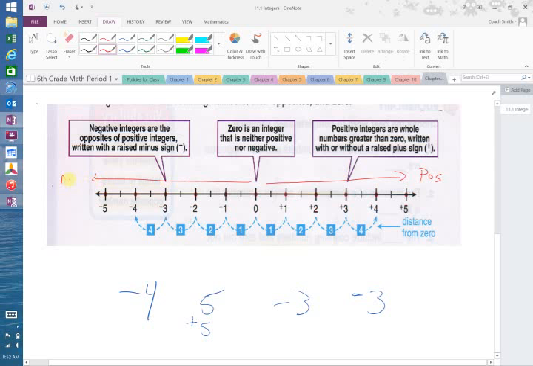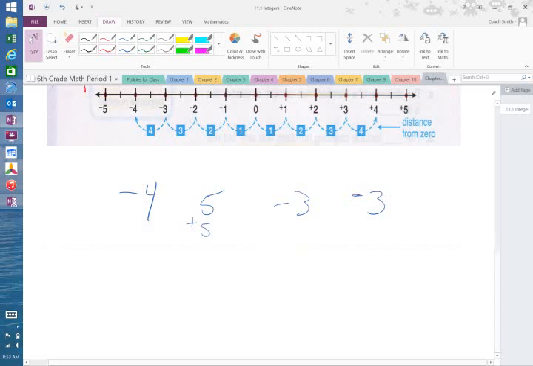To this side is the negatives. Okay? Now, here's the part that people get confused about. The further left that you go, the smaller the number becomes. Okay? So, if I have a number line, and here's 0, here's negative 10, here's negative 20, here's negative 30, here's negative 40.